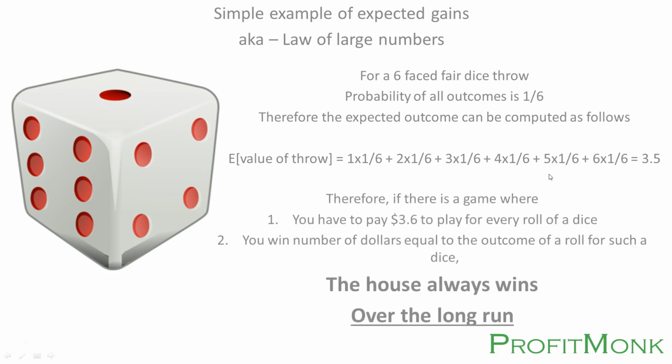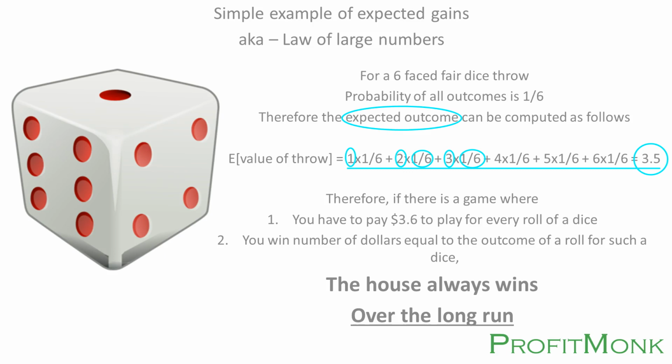What you will realize is that this number turns out to be 3.5. So the expected outcome of such an experiment is 3.5, which is nothing but all the values multiplied by the probabilities of each of those values. So that's how you get 3.5 here.